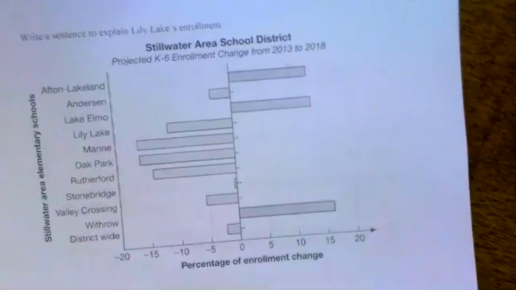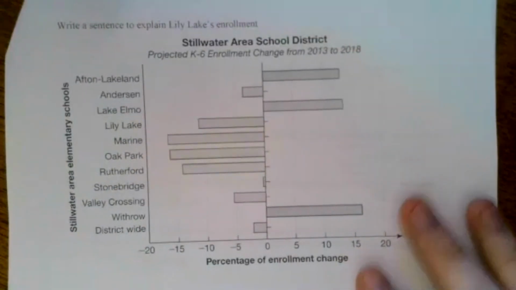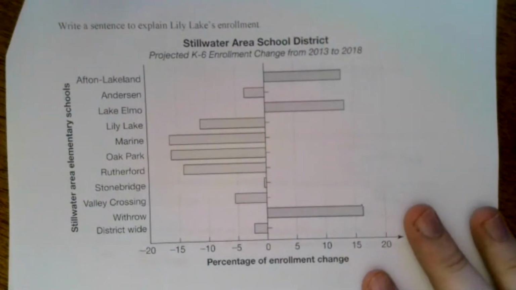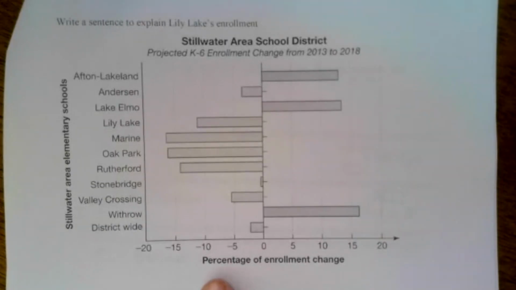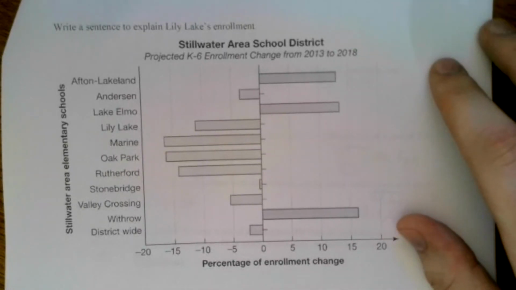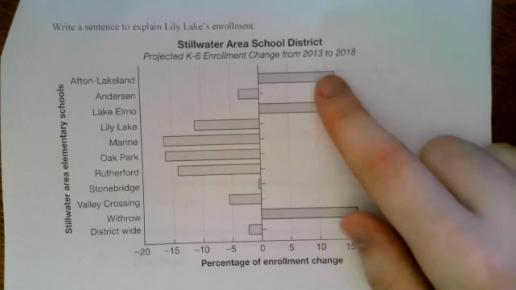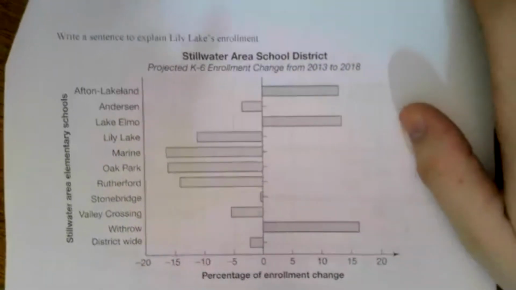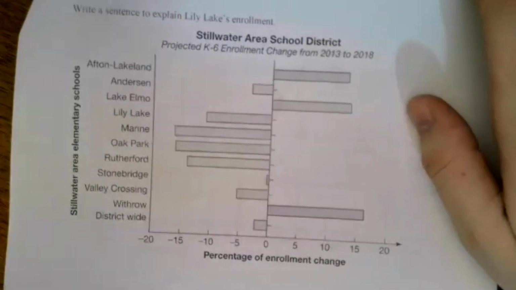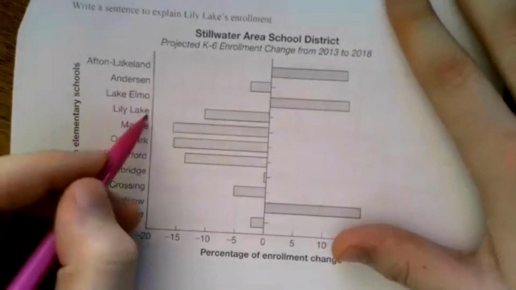So let's look at the next one. It says, write a sentence to explain Lily Lake's enrollment. So it looks like I have how enrollment changed over 5 years for certain schools in some school district, right? And the one that we're specifically looking at is Lily Lake, so I'm going to circle that one.